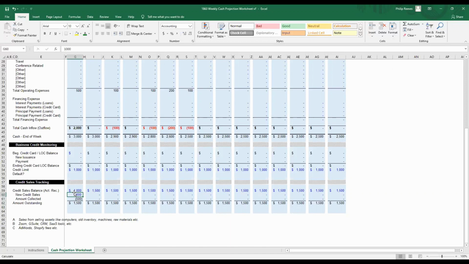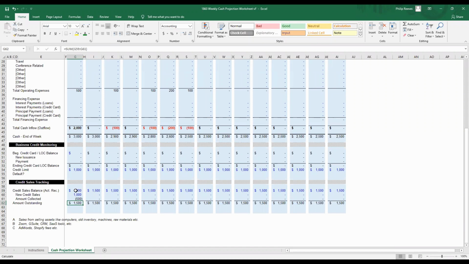We now have $2,000 of invoices due to us. But to offset that this week, maybe the person who owed us $1,000, we called them up and said, why don't you pay me a little bit early? And this person said, I can pay you half. So the person that owed us $1,000 gave us $500. At the end of the week, in total, we're going to have $1,500 of receivables outstanding.